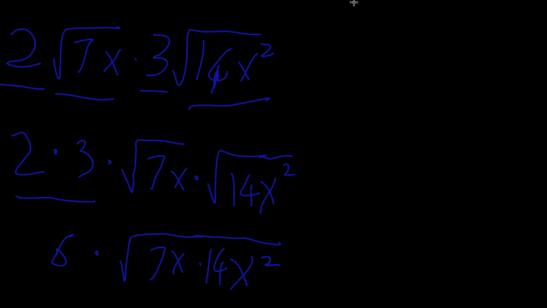So we can write it over here: 6 times the square root of 7 times x times 14, and you can write 14 as 7 times 2.